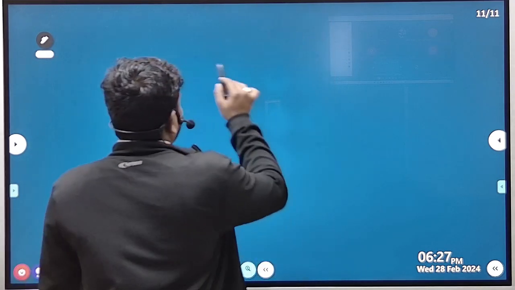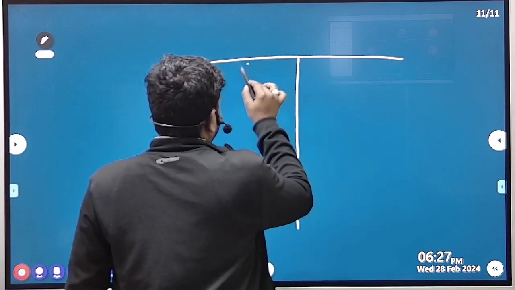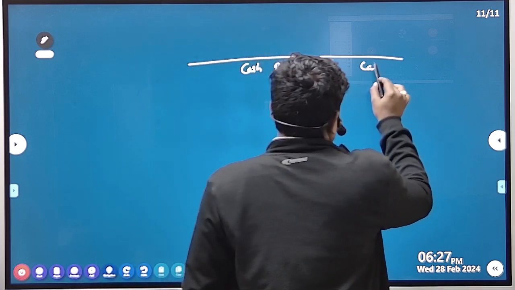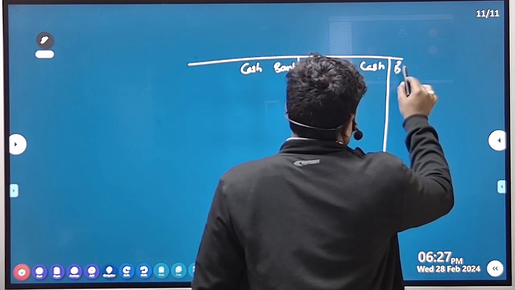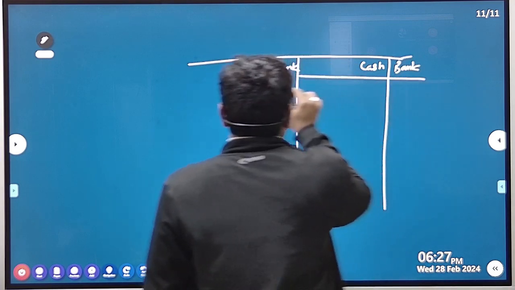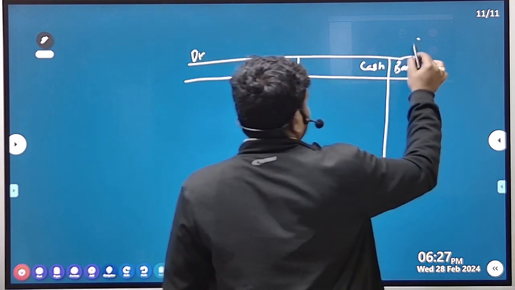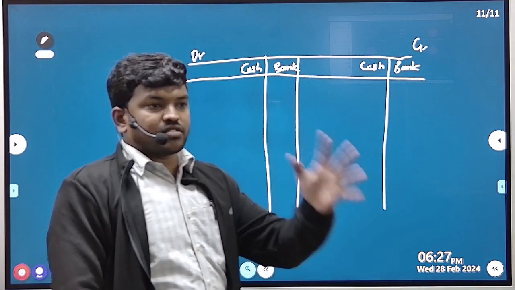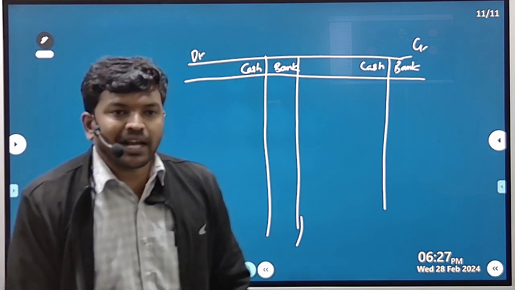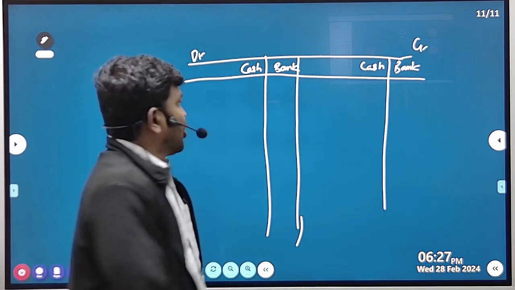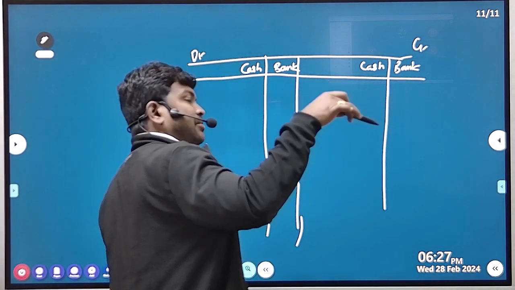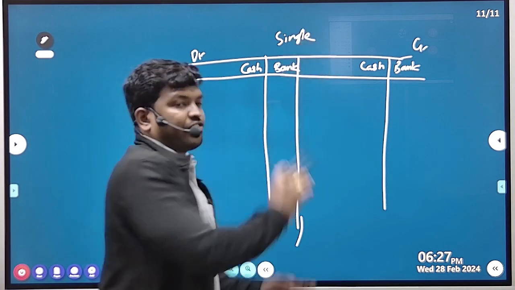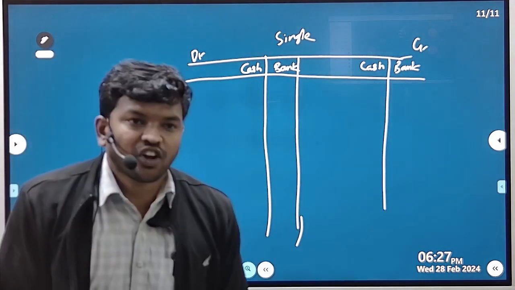But in case of double column cash book, what will happen? Cash, bank, cash, bank. This is debit side, this is credit side. Now, say for example, cash deposited into bank account, bank account debit to cash account is the journal entry. You will post to the ledger in a single account, not two different accounts. That's why it is called contra entry.